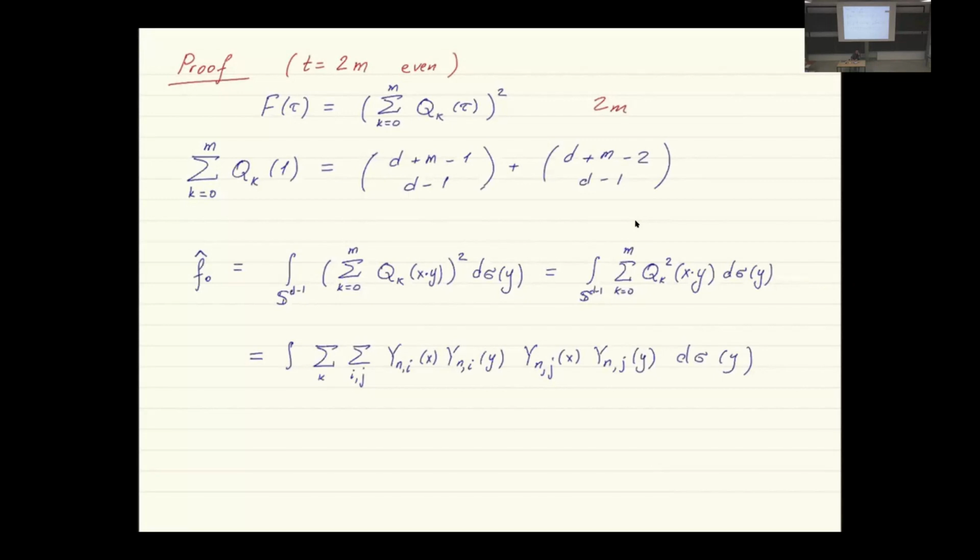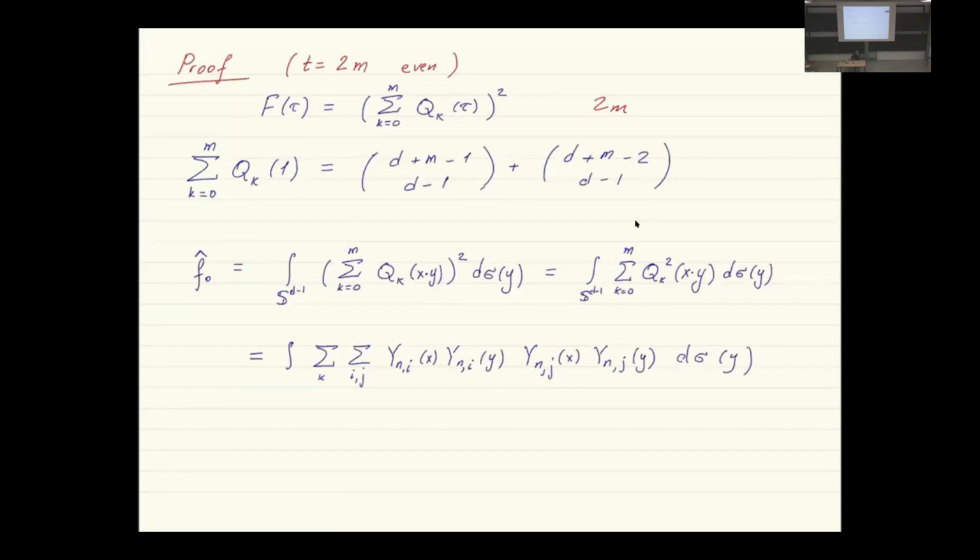And you can easily compute the value of this polynomial at 1, because remember we had a specific expression for each Gegenbauer polynomial at 1 that was just the dimension of the space of spherical harmonics. You get telescoping sums, and then you just get these two terms. So it's basically the dimension of all spherical harmonics of degree up to m, so all polynomials of degree up to m.